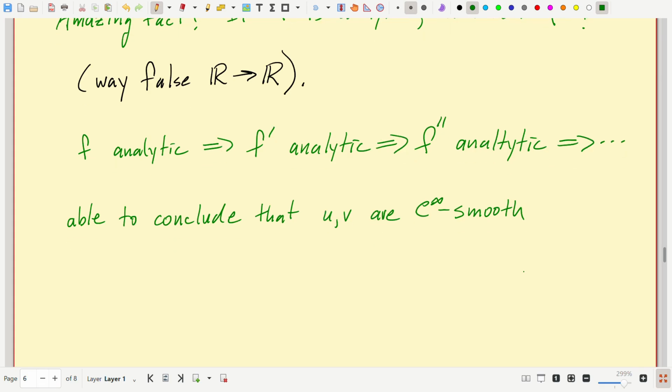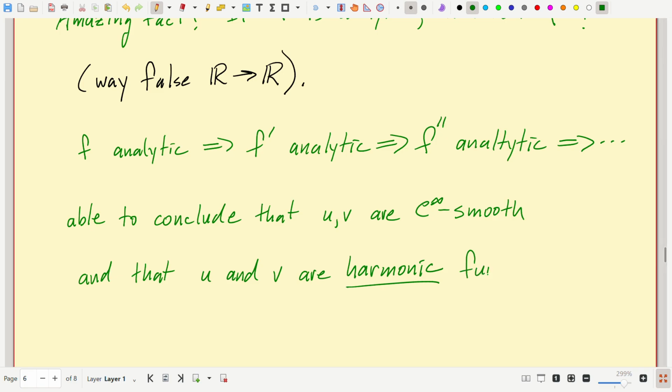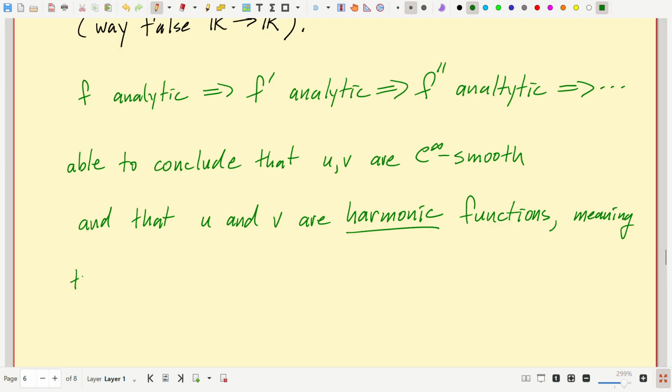And more than that, we are able to conclude that u and v are harmonic functions. Those are pretty special functions that come up all over the place in science and engineering, meaning that the Laplacian of u is equal to 0, and the Laplacian of v is equal to 0.